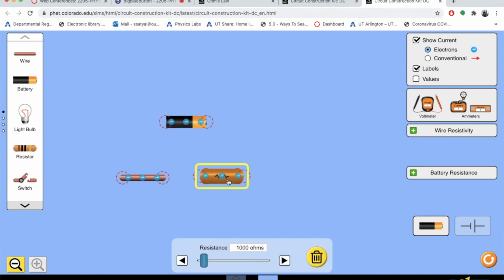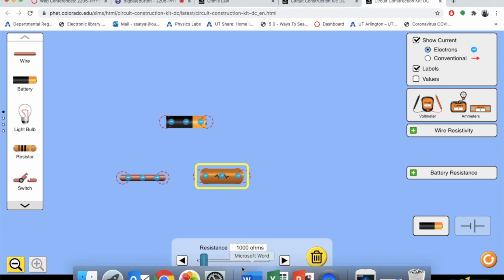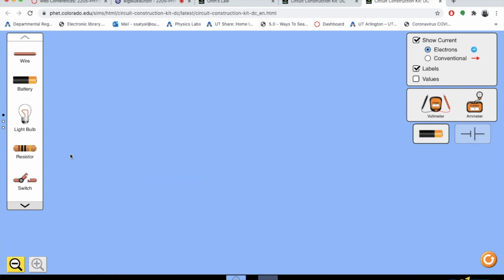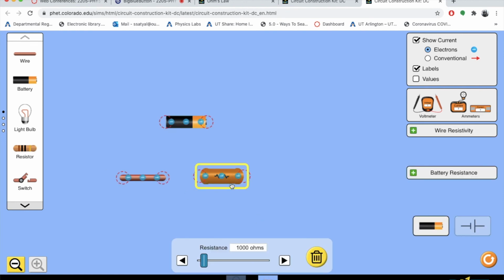So this one has 1000 ohms. Be careful with this. In this intro section, this resistor can only go up to about 10 ohm, I believe, and this one you can go up to 10,000 ohms. So stick to 1,000 for now in this example.